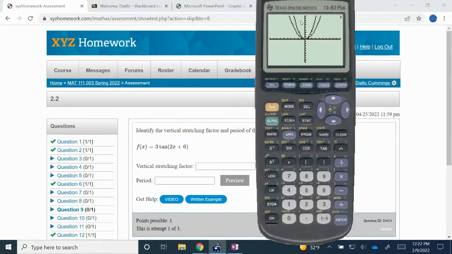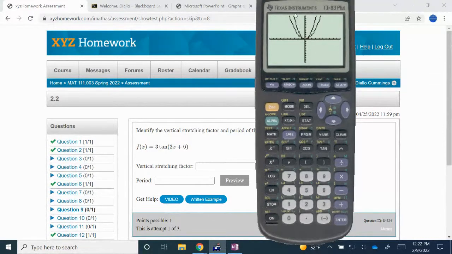We have the x squared graph, and here we have a graph that looks like it's not really stretched. This would be called a vertical shrink. Notice I'm using a number between 0 and 1.